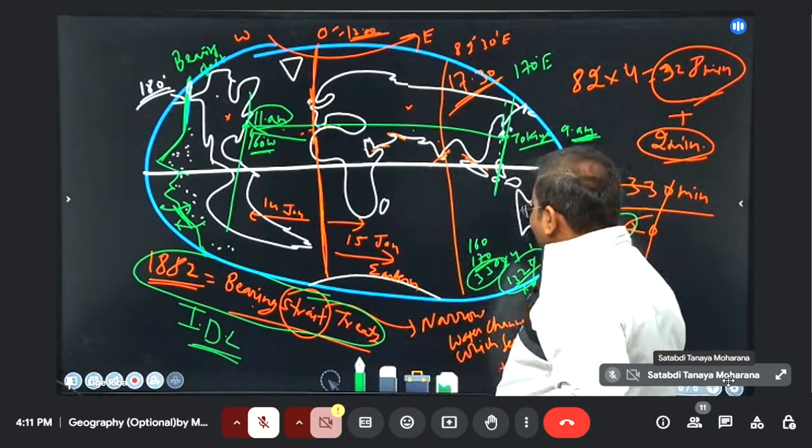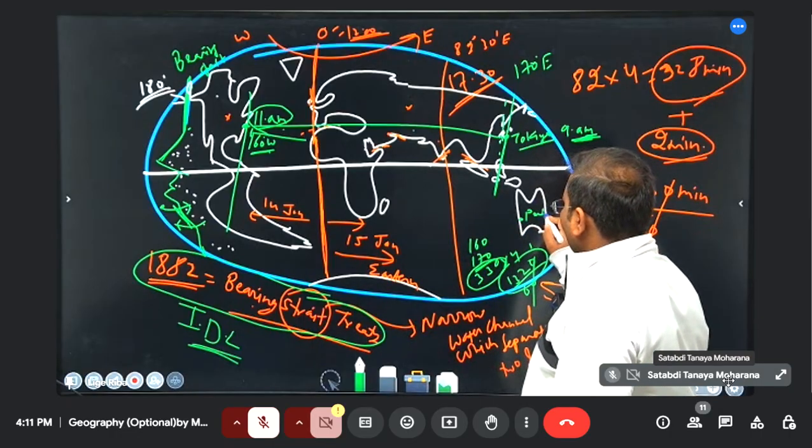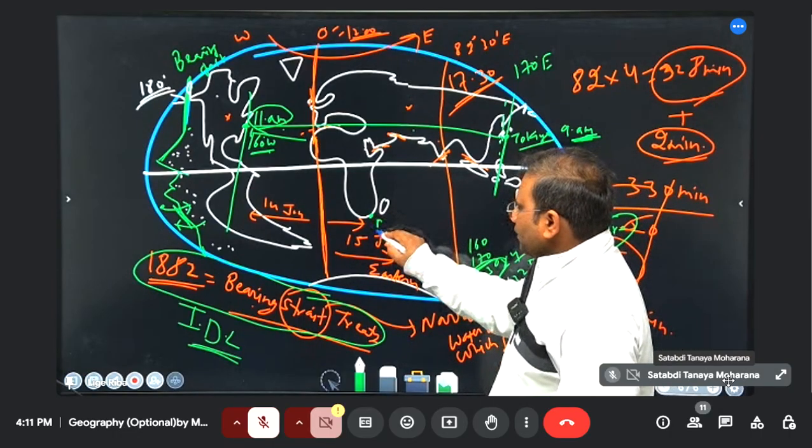Okay, some other questions. Here is the city of Perth, here is Durban.